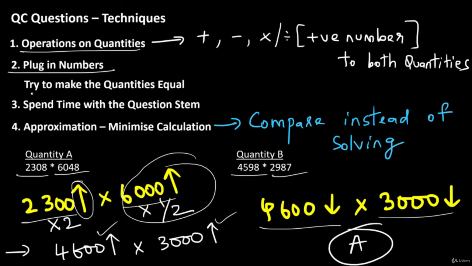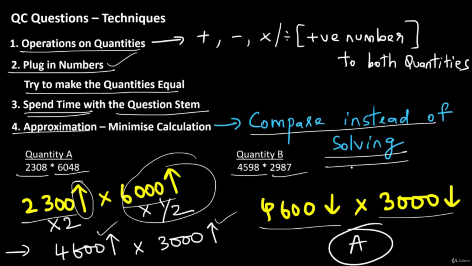Again, we discussed an easy method where trying to make the quantities equal helps you plug in numbers in an effective manner. And remember, if you have a question stem, spend time with the question stem and slow down. Don't rush and make a silly mistake. And the fourth technique that we discussed is try to compare instead of solve. That will save you a lot of crucial time.